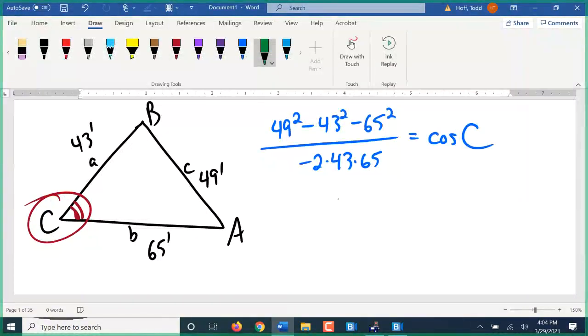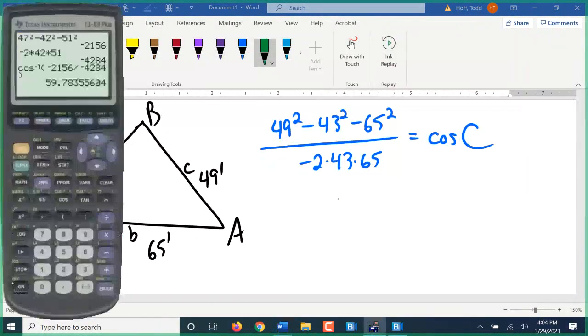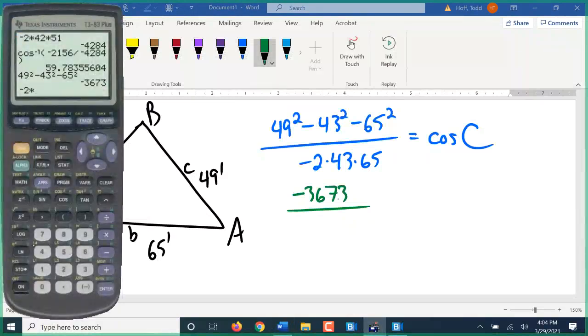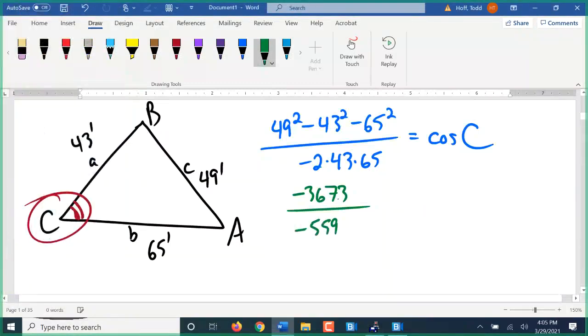The top of our fraction will be 49 squared minus 43 squared minus 65 squared. Here's a negative 3670. The bottom is going to be negative 2 times 43 times 65. That's negative 5590.